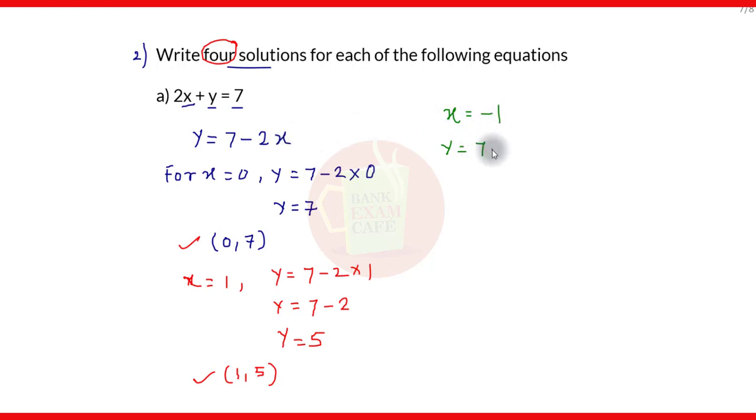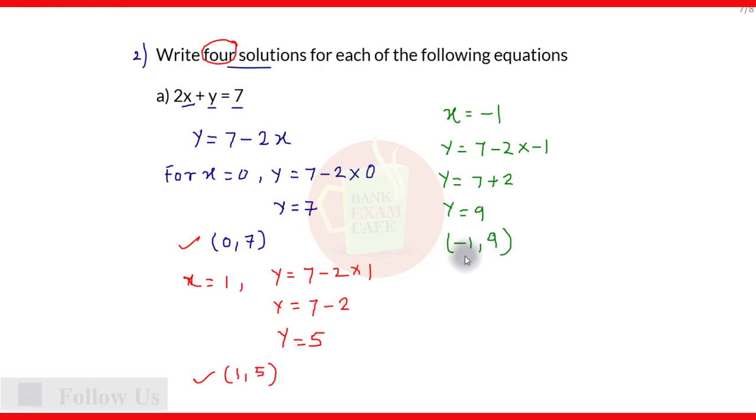So it will be 7 minus 2 into minus 1. So y is equal to 7, minus into minus will be plus, and 2 ones are 2. So y is equal to 9. So for the value of x as minus 1, we have got the value of y as 9. So the third set of solution is minus 1 and 9.